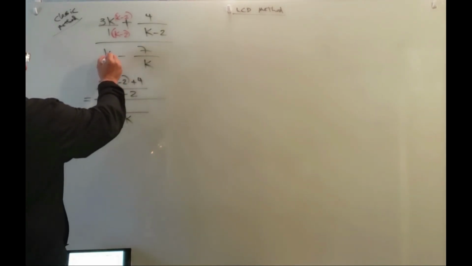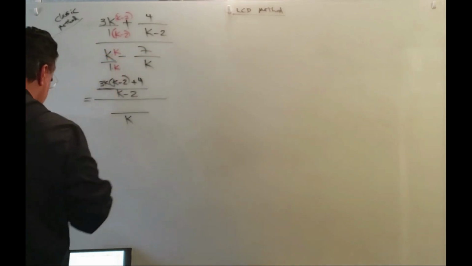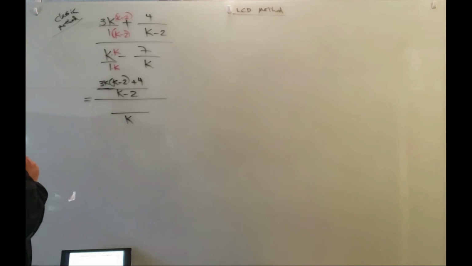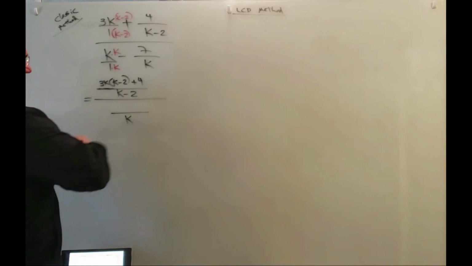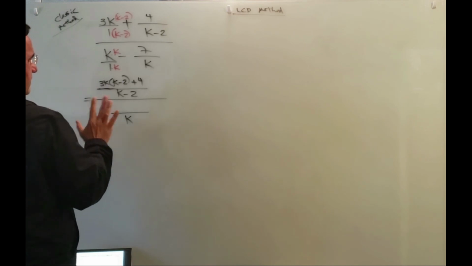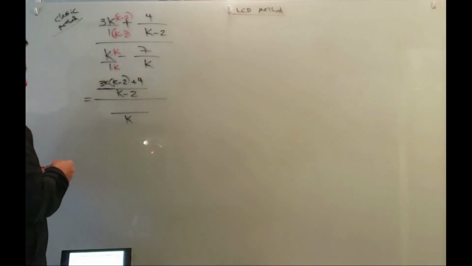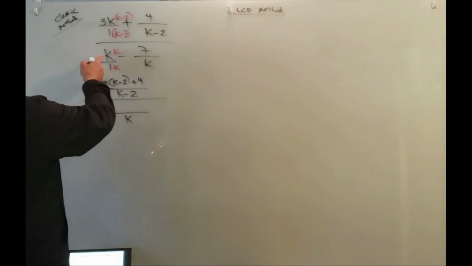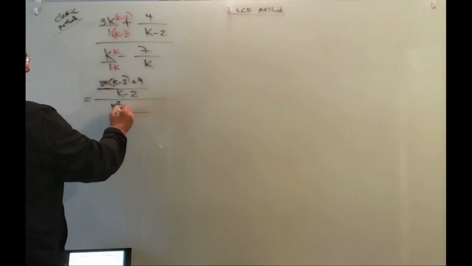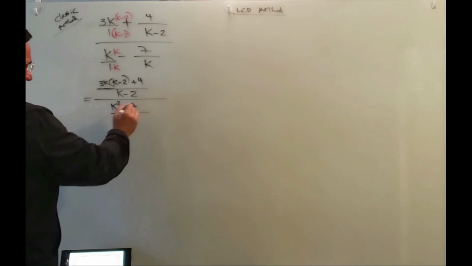So we have to do the same downstairs. Okay? So this denominator is already k. We don't need to do anything with that one. So we're ready to go ahead and combine the numerators. So the new numerator on this one is k squared, k times k, minus 7. Okay?